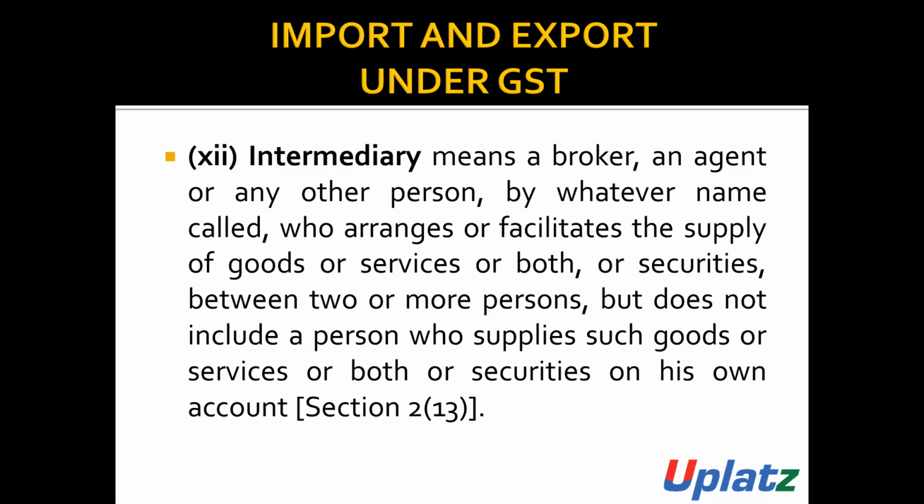If he is supplying such goods or such services on his own account, in his own name, then he will not be considered as an agent. So this is the definition of intermediary, who arranges and facilitates the supply of goods, services, or securities between two or more persons on behalf of another person. Then such person is known as an intermediary.